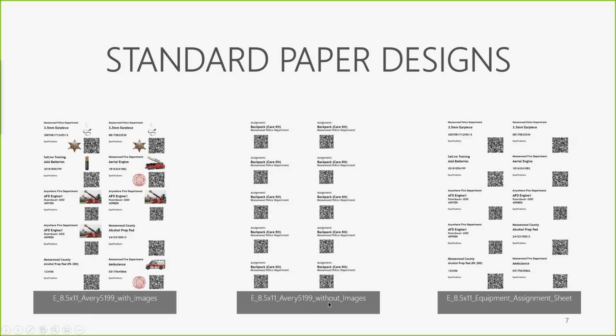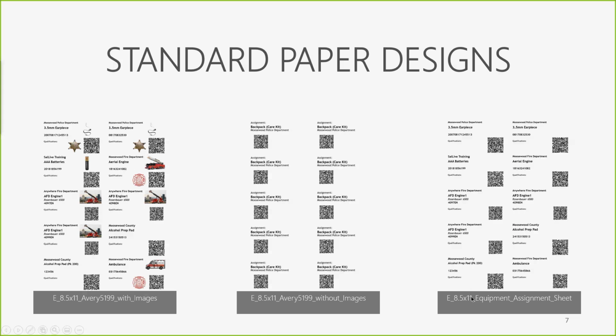You've got 2 of them, 5199 without or with images. These print up to 10 barcodes per sheet as well. The only difference between the 5199 and the 5163 is that the placement of the images is different. Otherwise, they contain the same information as their counterpart.